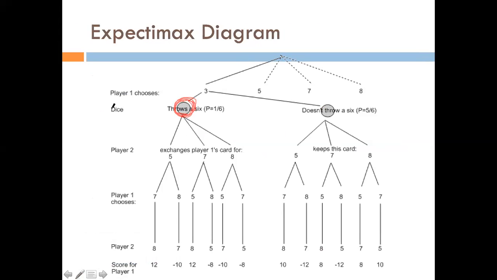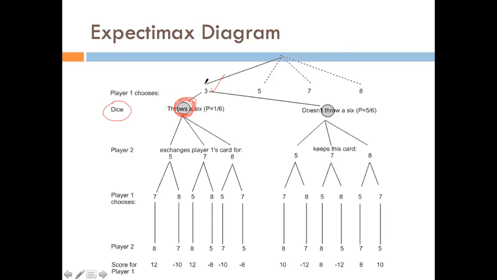So say, for example, player one chooses a card, and then the dice is rolled, and based upon the outcome of the die, the future course of action in this game is taken into consideration.